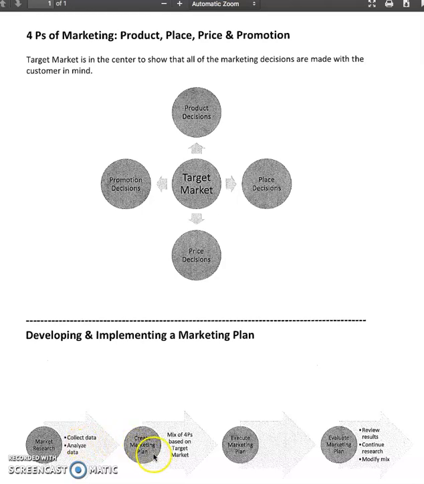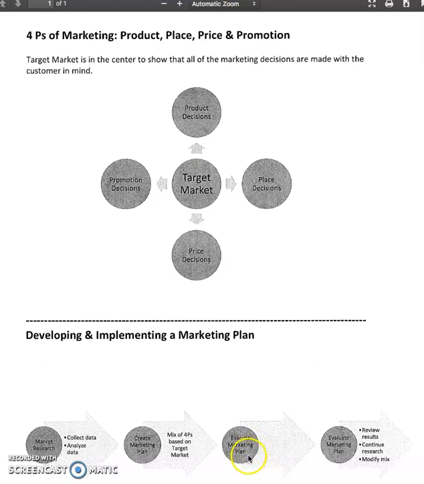We're then going to create the marketing plan based on the 4 P's of marketing, where we have product, place, price, and promotion decisions. And we do that based on our target market, which is the core group that we're really trying to focus our attention on.